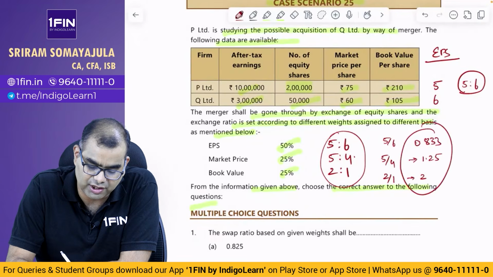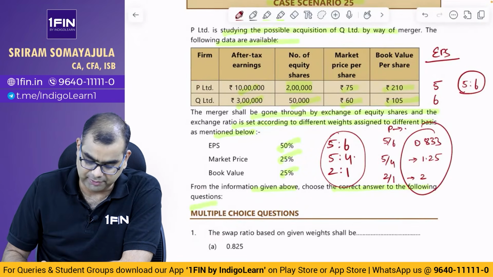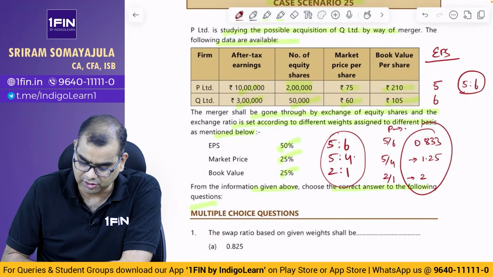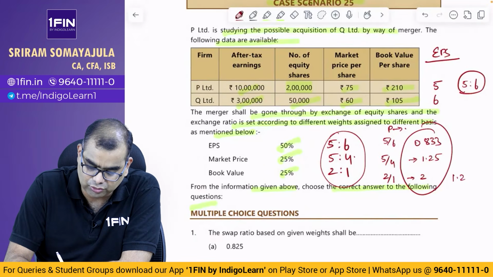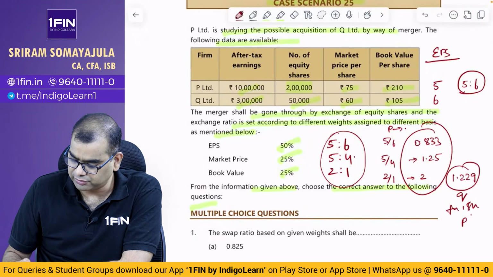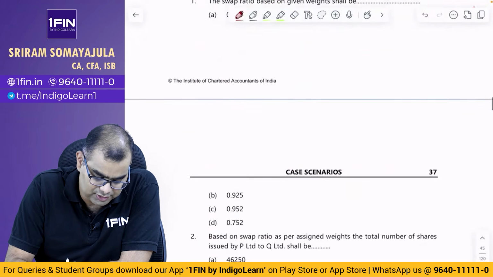So for each share of P, you have to give these many shares of Q. You multiply 0.833 by 0.5, plus 1.25 into 0.25, plus 2 into 0.25, you get 1.229 shares of Q for 1 share of P. So 1 by 1.229 gives you 0.8137. Okay, these are the two ratios. Are any of them available? No, this is not available.